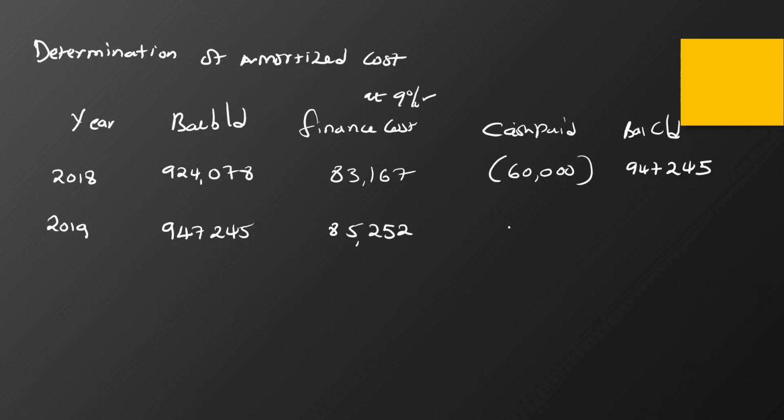The cash paid again is 60,000, and then the balance carried down will be 947,245 plus 85,252 minus 60,000, which is 972,497.